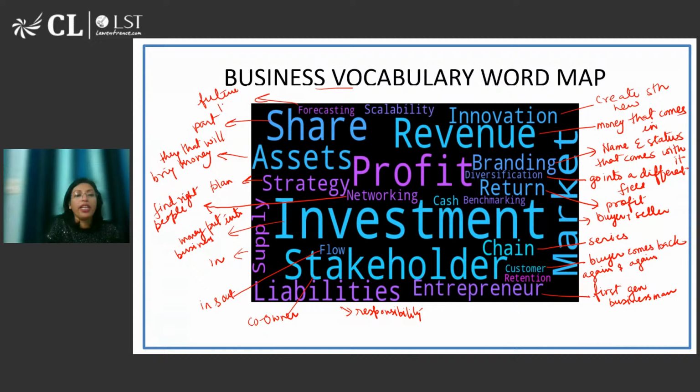Future prediction, that is forecasting. Scalability is the ability to increase the business, that is scalability. I have one store, is it scalable? Can I go pan India? That is scalability. Profits, of course, is money that comes in.